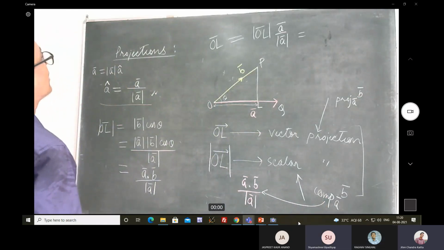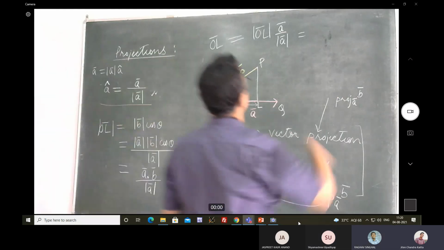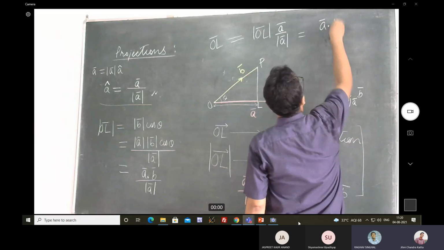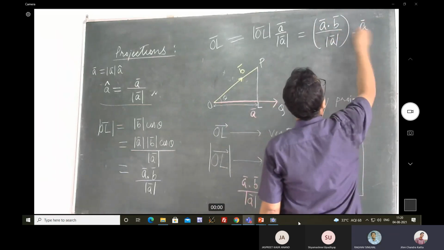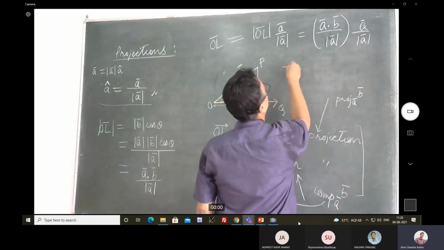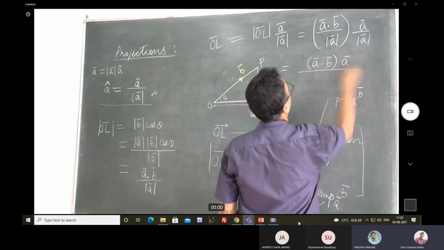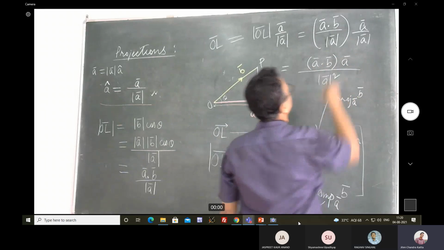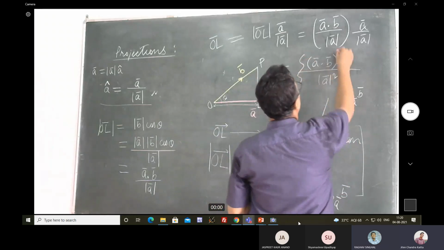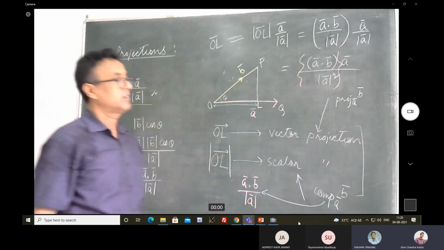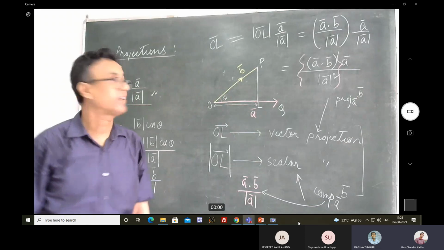So it is A dot B over mod of A and then A over mod A, and this can be written as simply A dot B into A divided by A square. So remember, this part within that curly bracket defines a scalar.